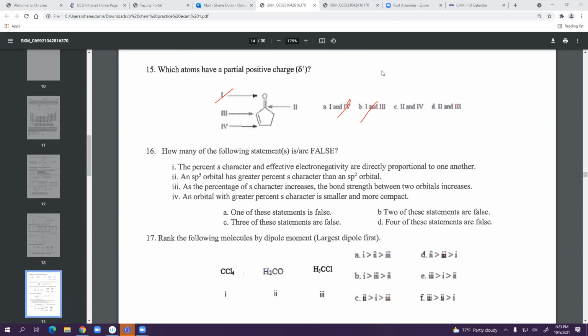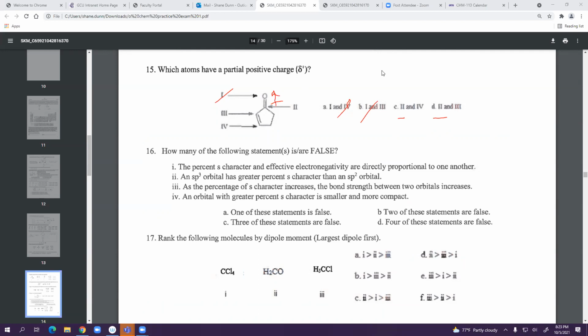What about the carbon bonded to oxygen? Are more electrons going to hang out towards oxygen or towards carbon? Oxygen, right? Because oxygen is a bully, it's more electronegative. So the electrons are going to be pulled this way, which is why 2 is slightly positive in both answers. Now we just have to look at which one it is. Is it 4 or is it 3?